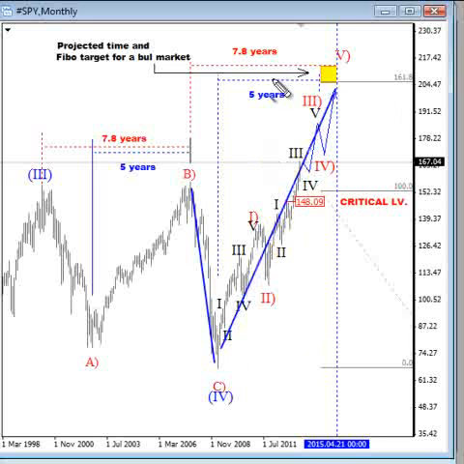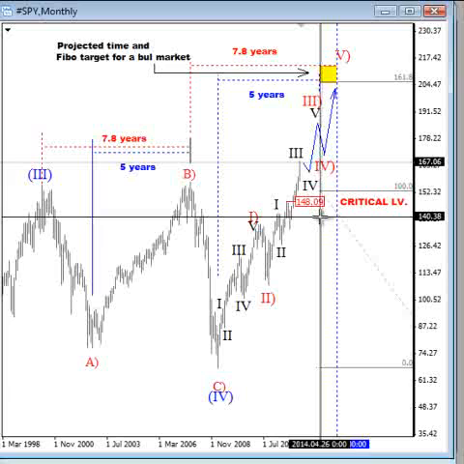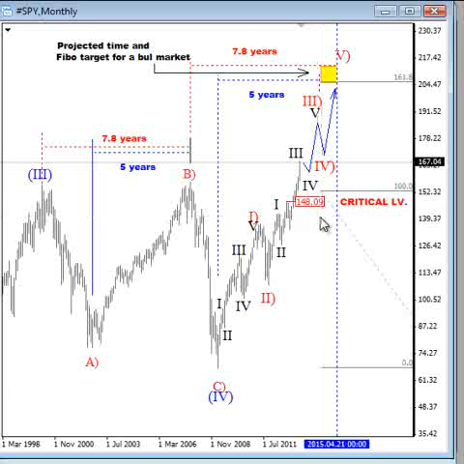Okay, so with these projections I came out with April 2015, and then I have also marked this bullish run for a wave B, which lasted 5 years. So from that point, if the market will remain in bullish mode for 5 years, we have time till April 2014.